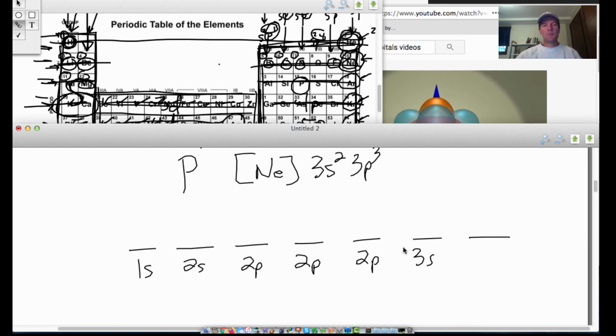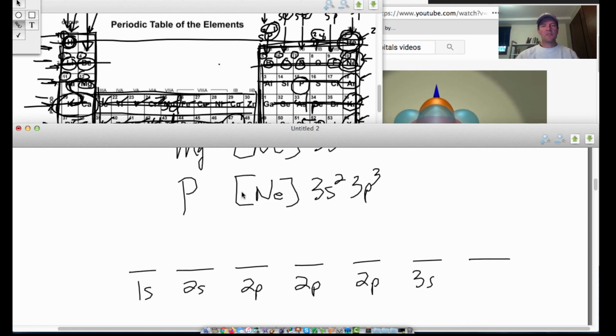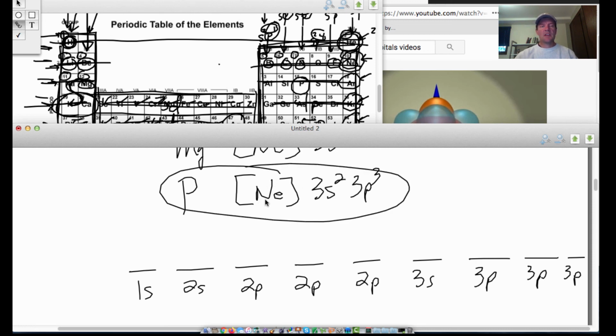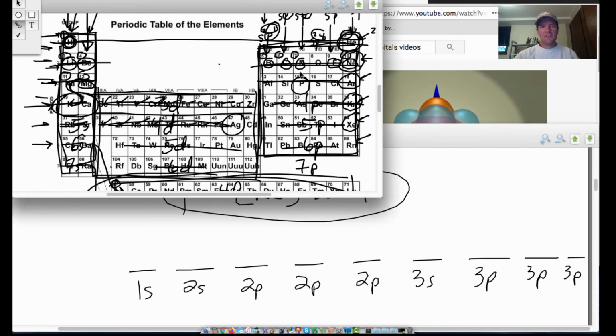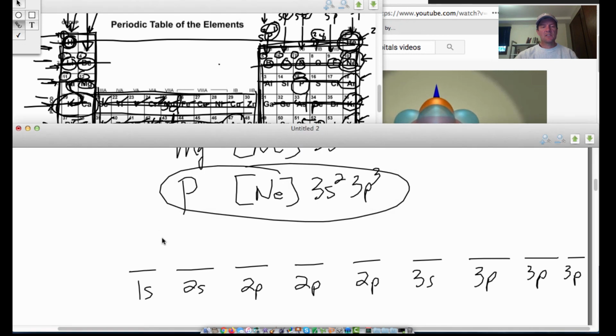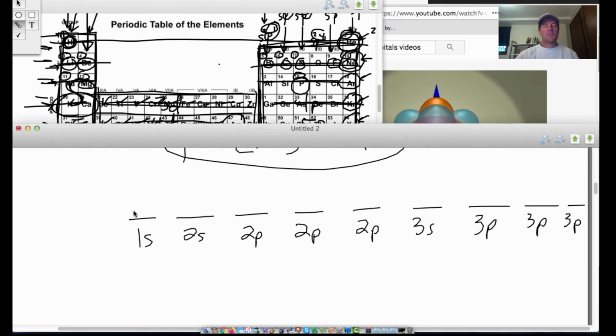So for example, if I wanted to do phosphorus, here's how these orbitals get filled. Phosphorus, I have 15 electrons. So here's how they get filled.